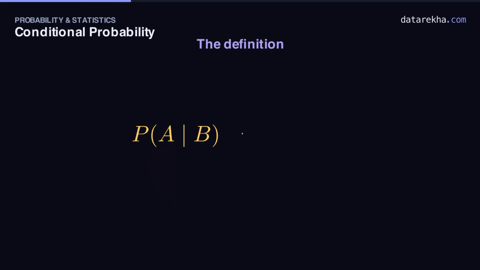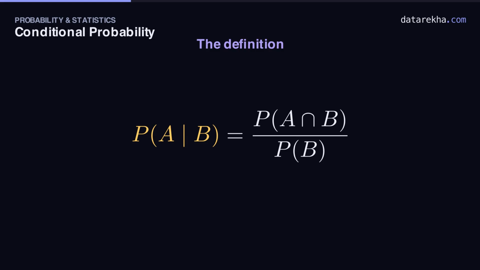Turning that picture into symbols gives the definition. The probability of A given B equals the probability of A and B together divided by the probability of B. Read it as shrinking the world down to B. The top, P of A and B, is the overlap we still care about.